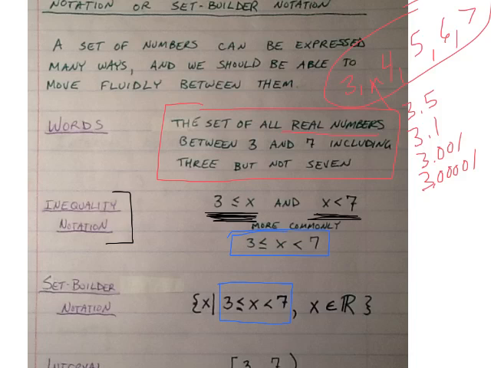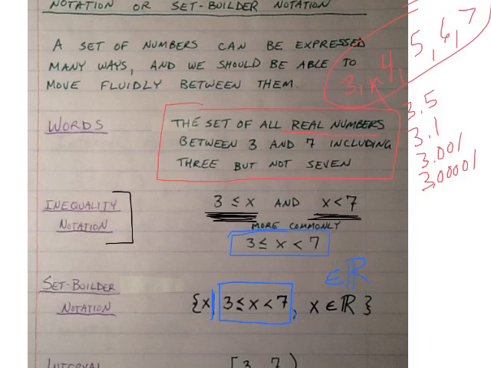What we have here is braces, x, and then this vertical bar, and there's a parenthesis. x is an element, so this is kind of a C that's made to look like an E, and then the set of real numbers, R. So the way we read this is the set of all x such that 3 is less than or equal to x is less than 7, and x is an element of the real numbers.